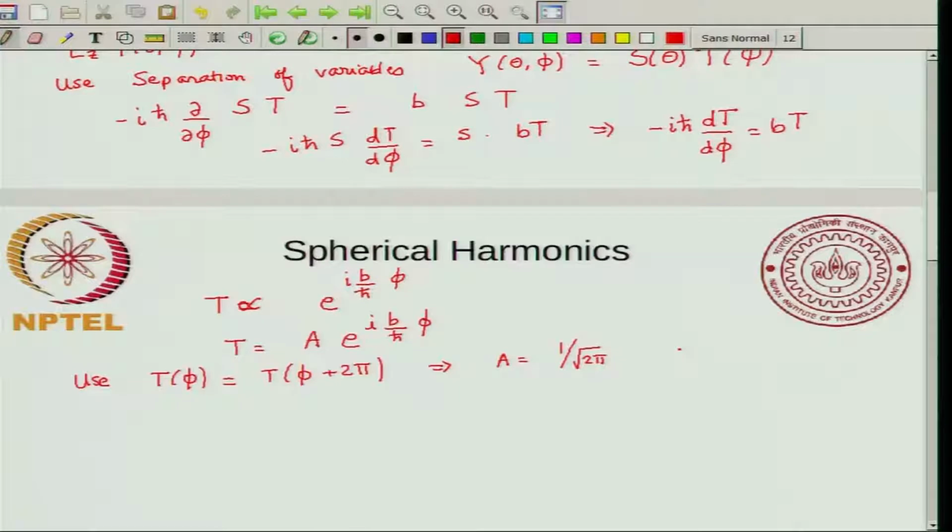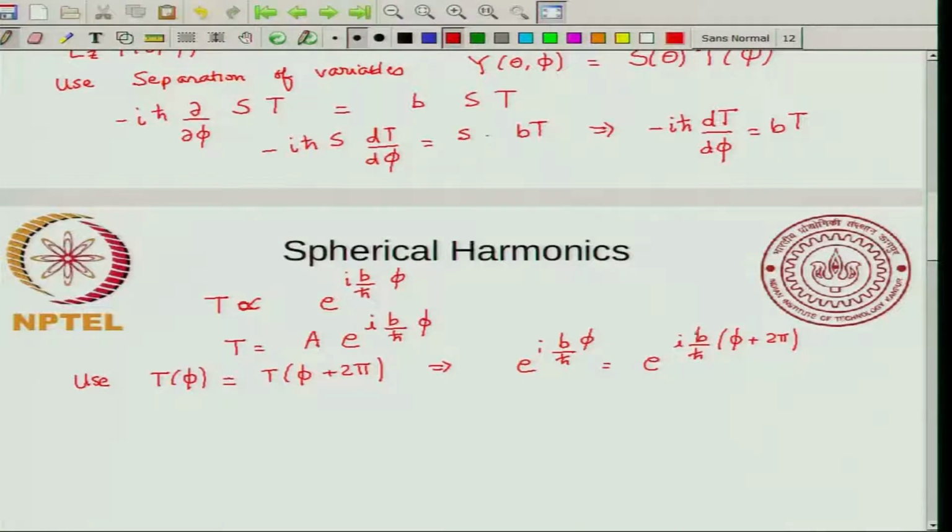Sorry, before I do that, we will come back to A in a minute. If you use this, then e to the i b phi by h bar is equal to e to the i b by h bar times phi plus 2 pi.